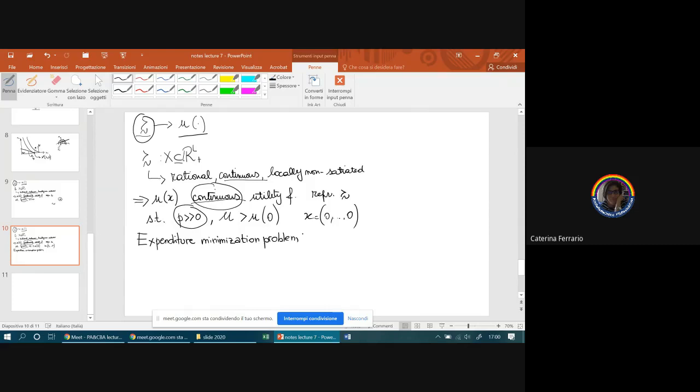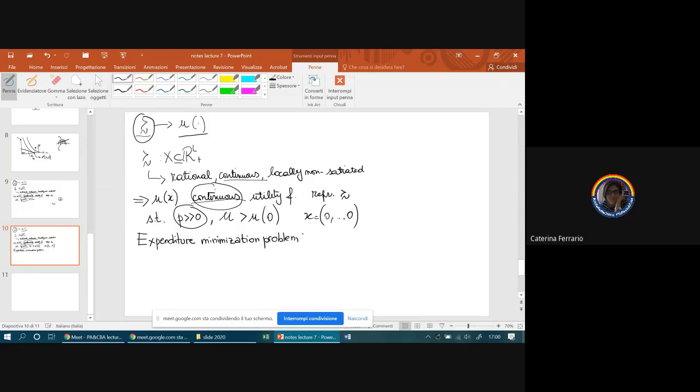Parallel to this, the expenditure minimization problem is a different way of seeing the consumer's problem, because in the utility maximization problem, we were computing the maximum level of utility that could be attained by the consumer who had the given wealth level.